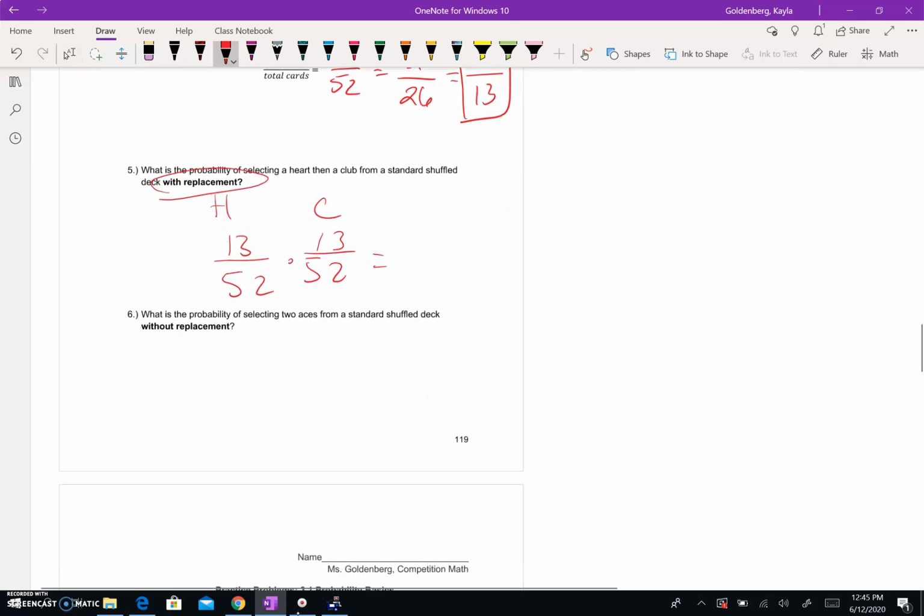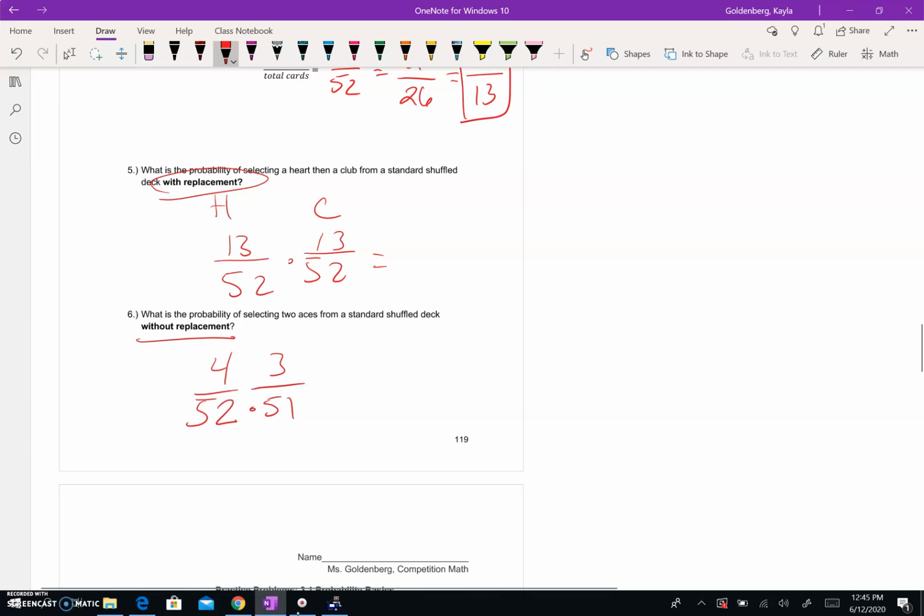And then the last one is, what is the probability of getting 2 aces without replacement? So that means I go from 52 down to 51. And 2 aces in a row, there are only 4 aces to begin with, so it'll be 4 over 52 times 3 over 51. Okay, and then your simplified answers.